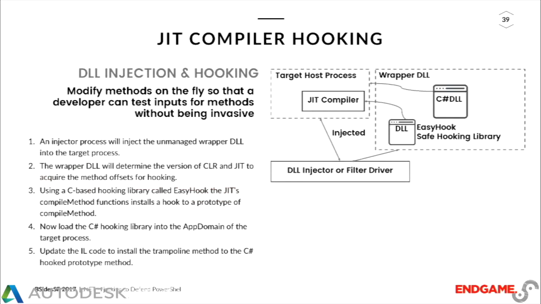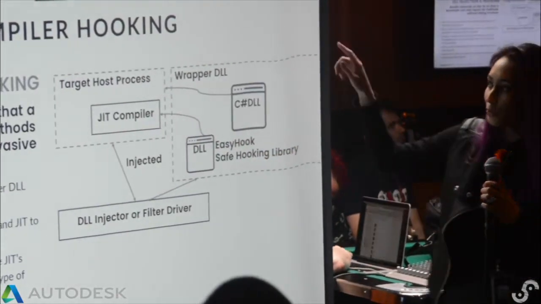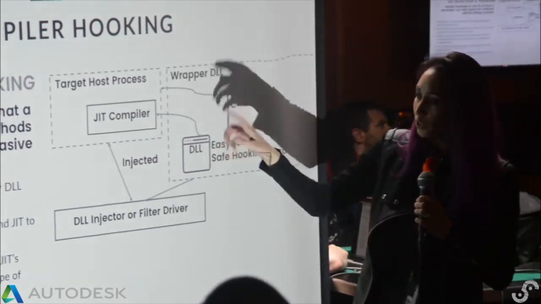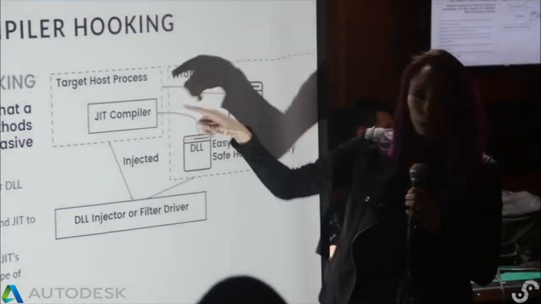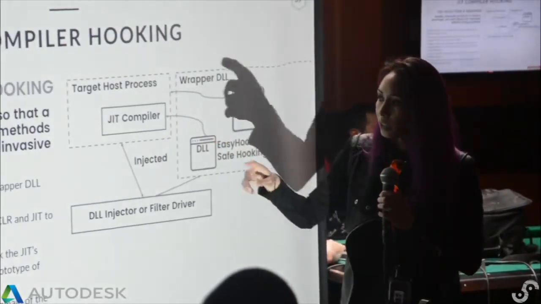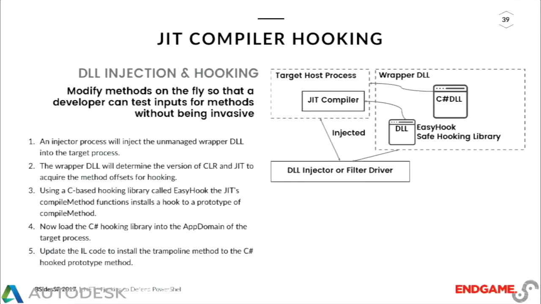All right, so the next solution is JIT compiler hooking. What this actually is, I am replacing functions with my own functions in the JIT compiler itself. Like I said before, you have to use your C# DLL injection again. Once you're in, you figure out what version it is, you replace the JIT compiler's compile method, and then you start doing your hooking code while it's being JITted.